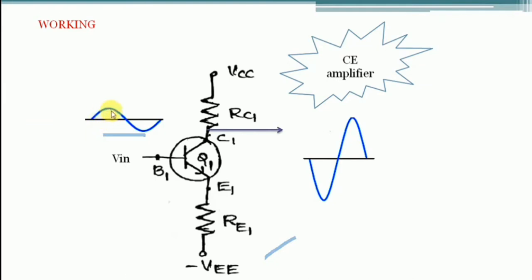If you observe, the input is a positive half cycle at this portion, but at the output the signal is negative. So this is positive and that is negative, so definitely it is providing a 180 degrees phase shift. This is the output signal observed at the collector terminal.